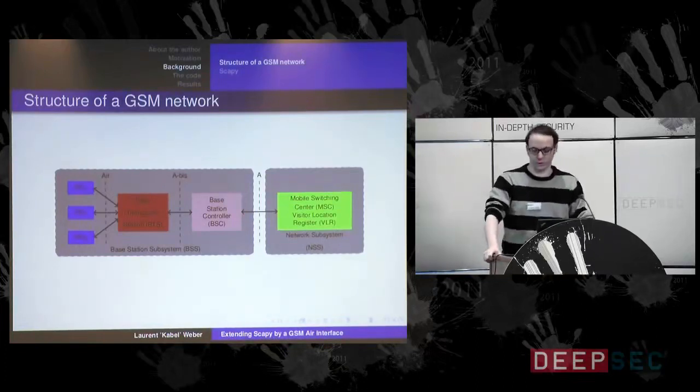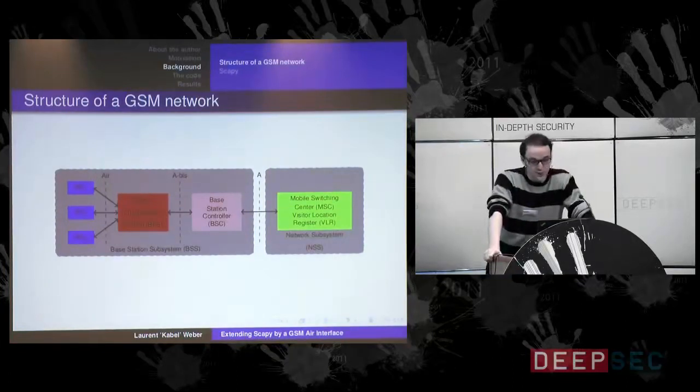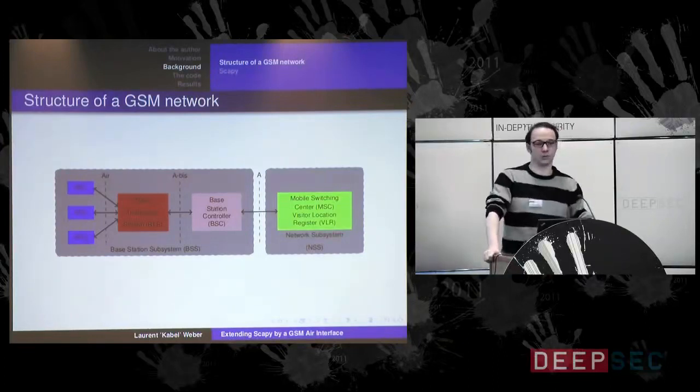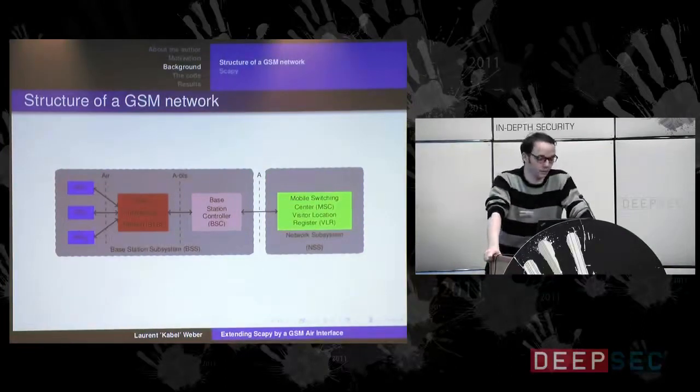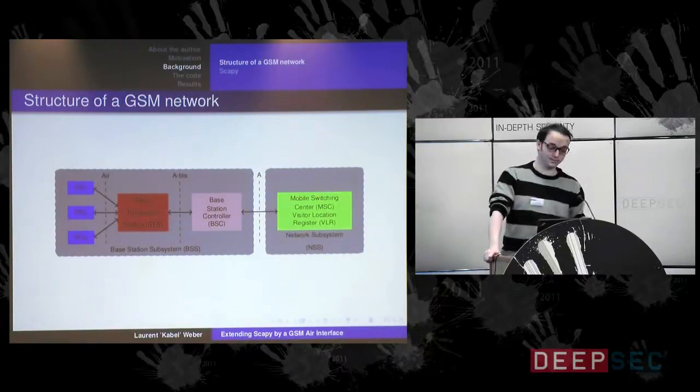Now we come to the background of the stuff you have to know and to understand. It's a very coarse overview of a GSM network. On the left side, the blue boxes are the mobile stations. So this is basically your mobile phone or everything that is capable of speaking the GSM protocol. Those devices are linked to a base transceiver station over the air interface.